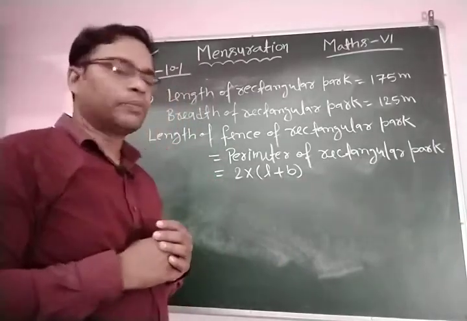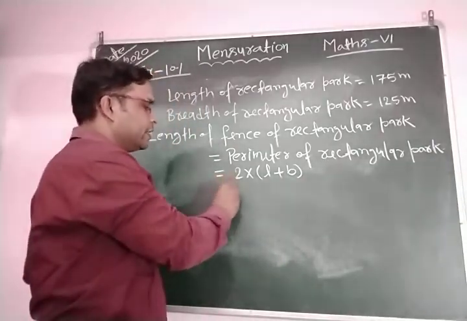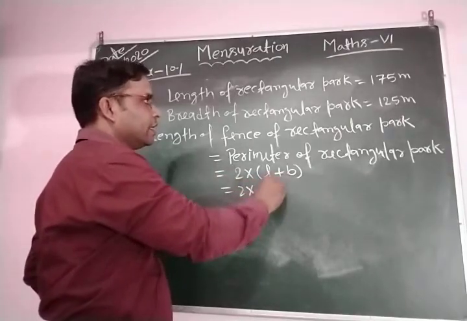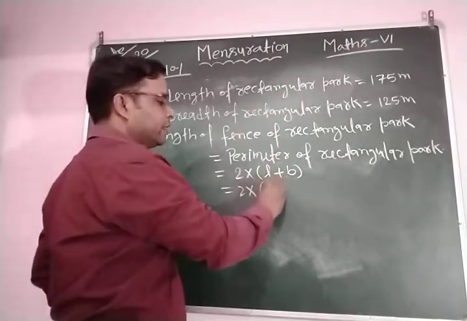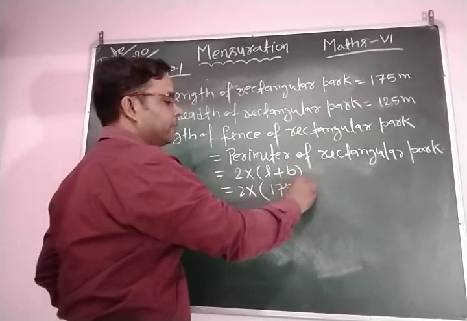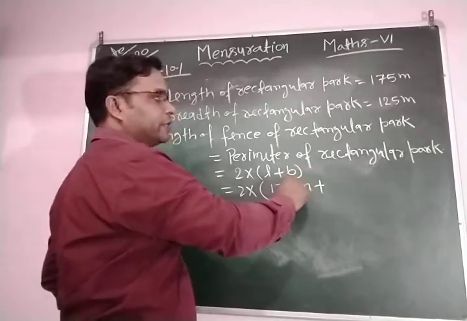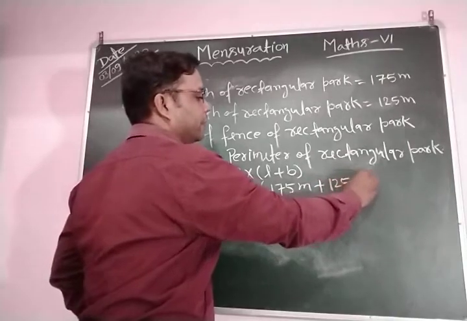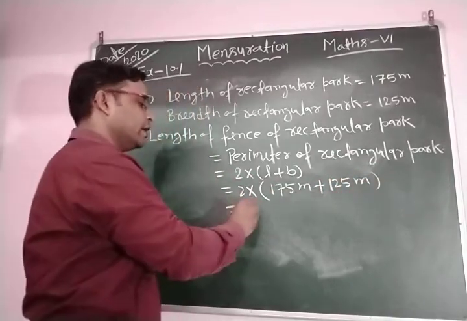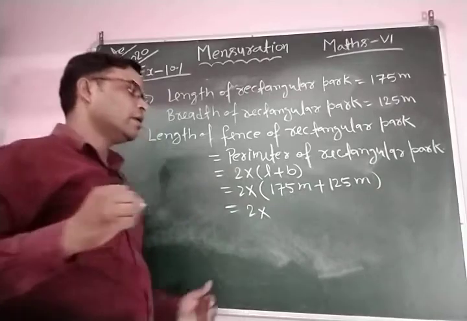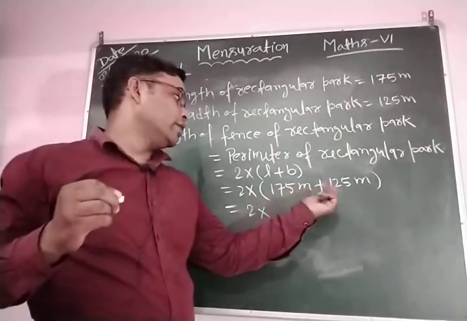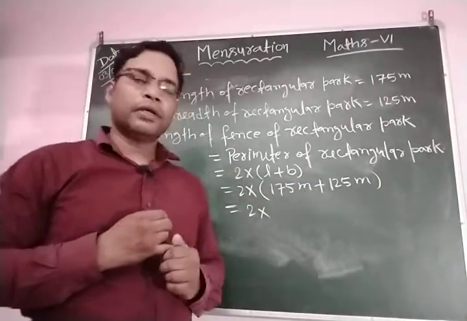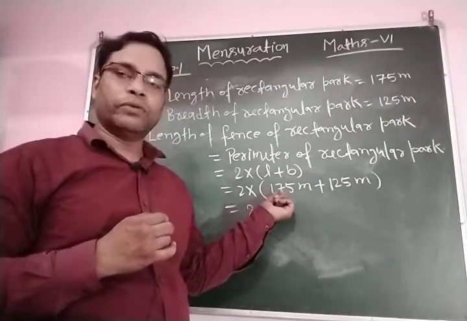So in this question, the length is given. What is the length? Length is given as 175 meters, and B represents breadth. Breadth is also given as 125 meters. Okay, now 2 into, we sum them, 125 and 175.